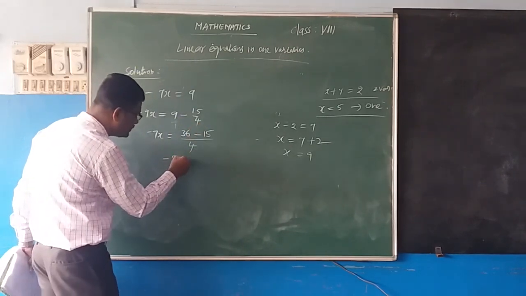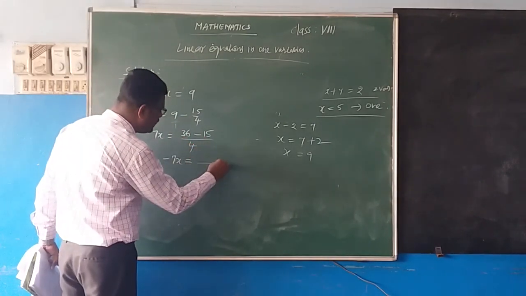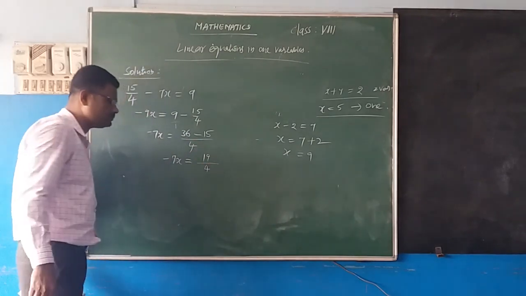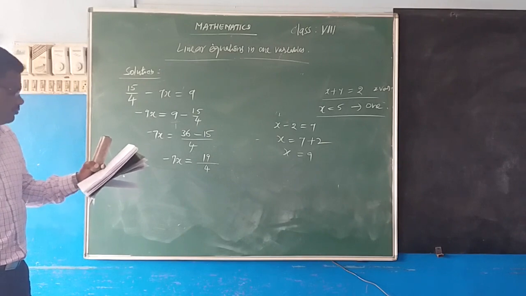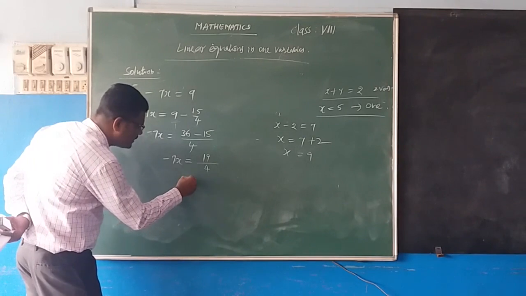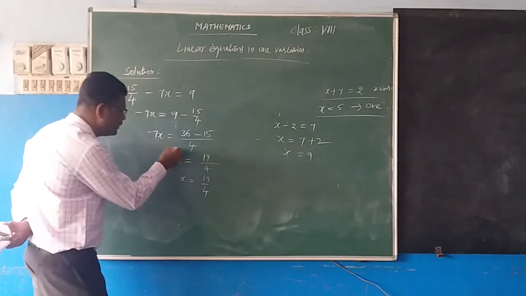Or minus 7x is equal to 36 minus 15 is how much? 19 divided by 4. Isn't it? So 19 divided by 4. So x is equal to 19 divided by 4 minus 7.